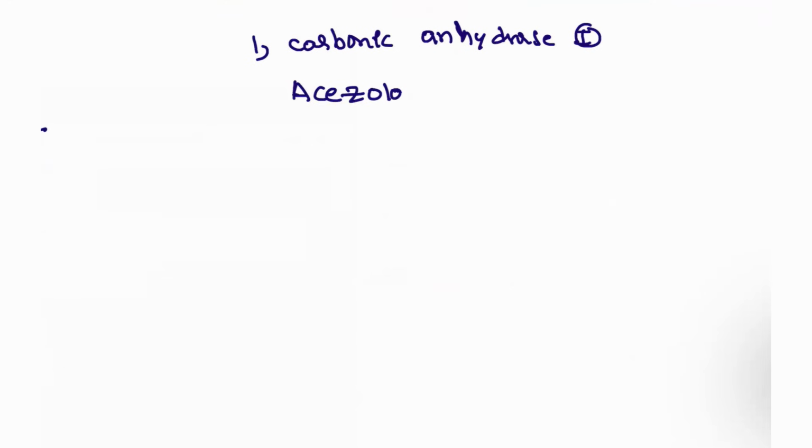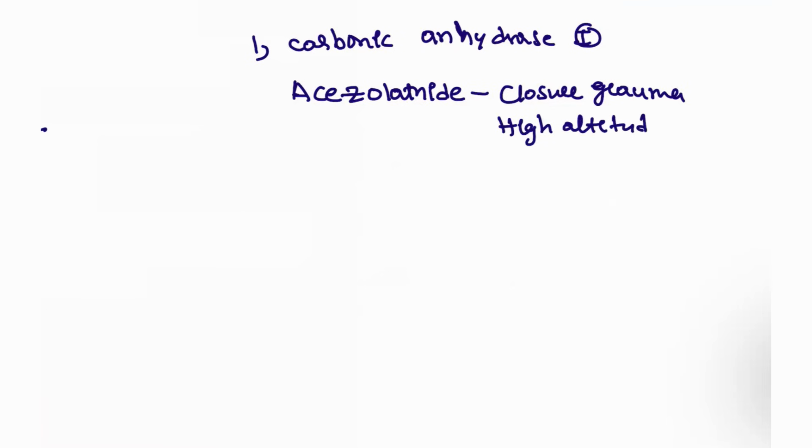Let's see in short, even though we have discussed it in our pharmacology chapter. Once again, I am going to cover for you guys the carbonic anhydrase inhibitors. One of the examples is acetazolamide. We use acetazolamide most commonly for closed-angle glaucoma and high altitude sickness.